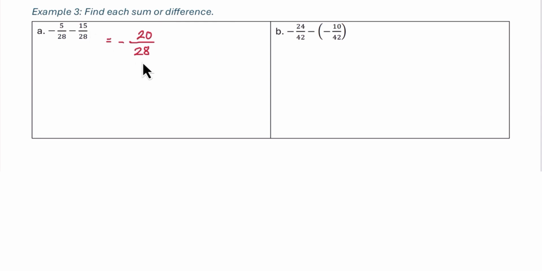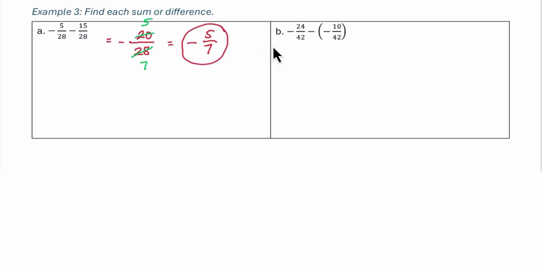And now we can see if this reduces. Recognize that the GCF of 20 and 28 is 4. So we'll divide each of those numbers by 4. 20 divided by 4 is 5. 28 divided by 4 is 7. So when we simplify, we get negative 5/7.